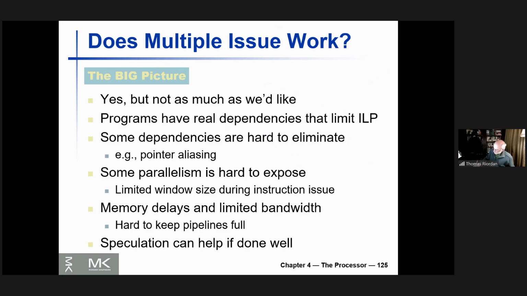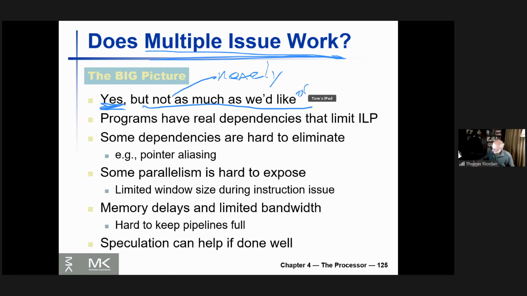So anyway, does multiple issue work? Yes, but not nearly as much as we'd like, or as well as you would expect for the money spent on it.